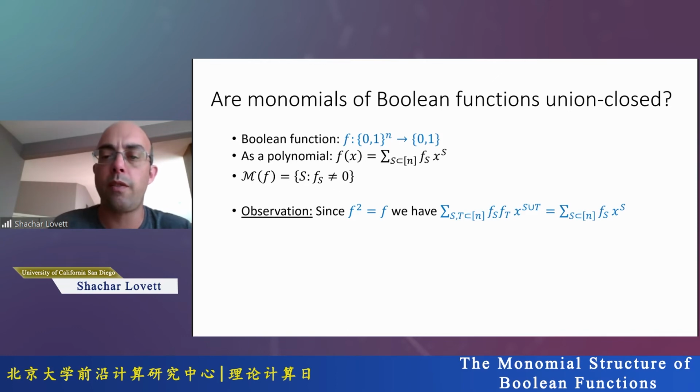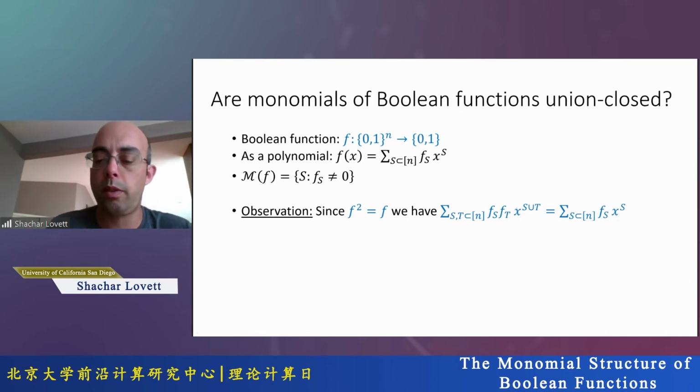Well, what is f squared? If you expand it, what you get is exactly that. You sum over all pairs s and t of coefficients f_s f_t, and the monomial you get with x_s times x_t corresponds to the union. So you see, we get this polynomial related to the unions of sets, and it's the same as f, which is just the expansion of f.